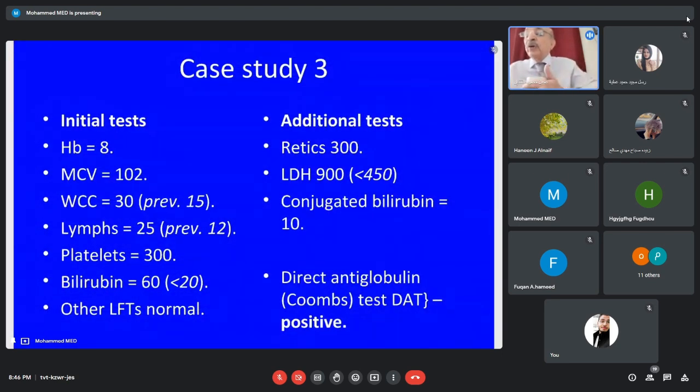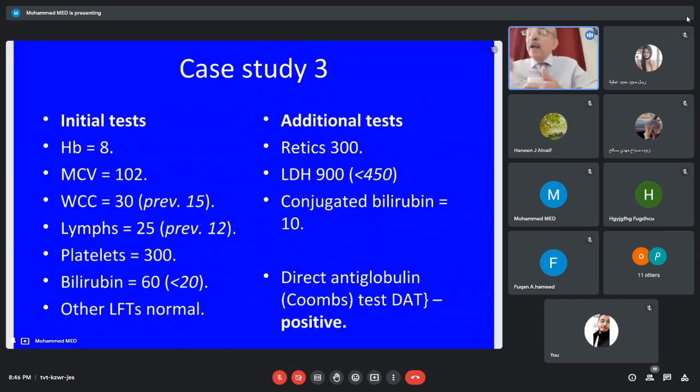When a red blood corpuscle lives for 100 days, this means each day we have to replace 1% of our red blood cells. So the reticulocyte count normally is 1%.